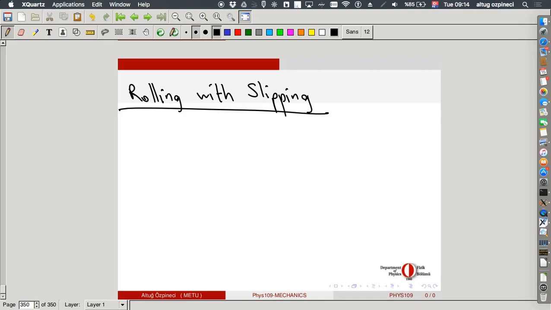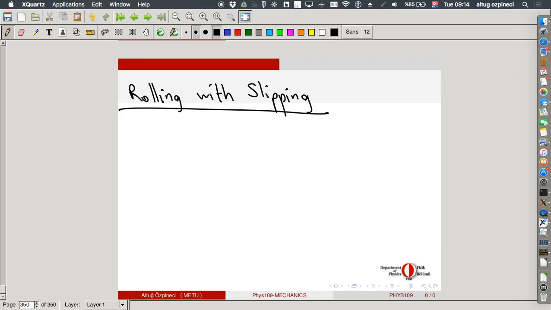Initially, the center of mass has zero translational velocity, but definitely it has some rotational speed. So the bottom surface is moving in this direction, whereas the ground is not moving. So these two surfaces have some non-zero relative motion. That is what we call slipping. It lasts for a very short time if you try this. Almost instantaneously it starts to move forward.